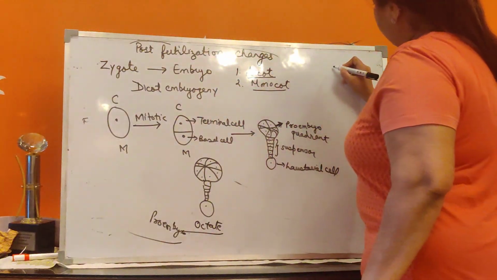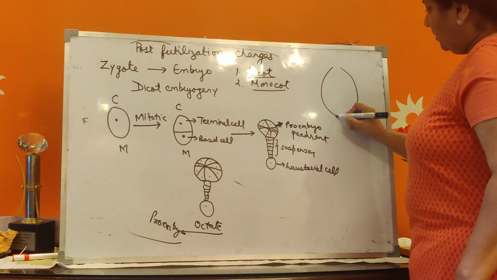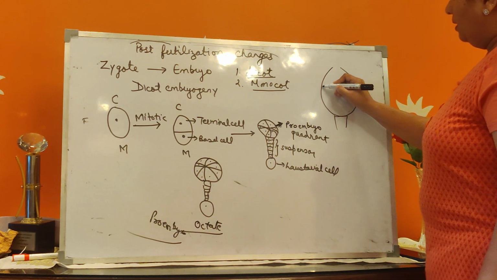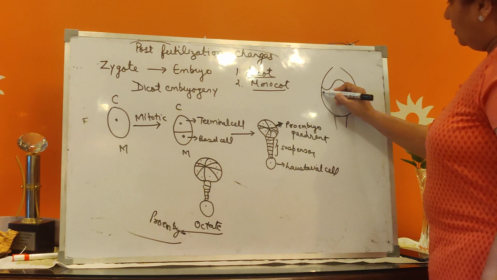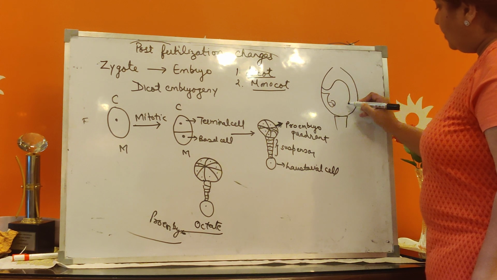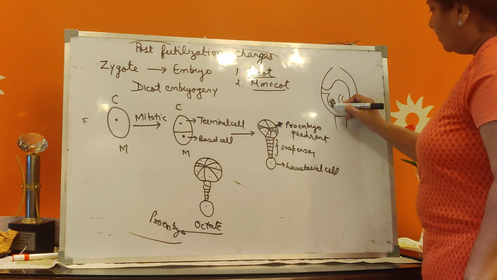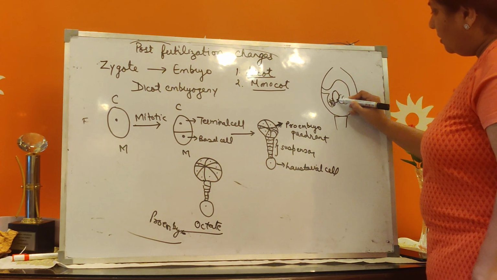Now, if I draw the structure of the ovary, this is the ovary. This is the receptacle, that is, the thalamus. This is an anatropous ovule. And here it is the zygote.